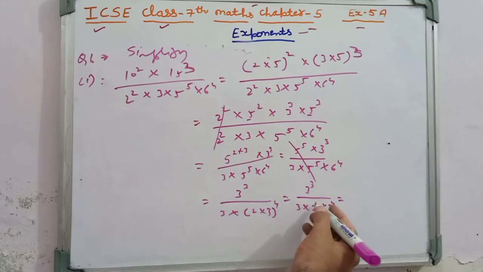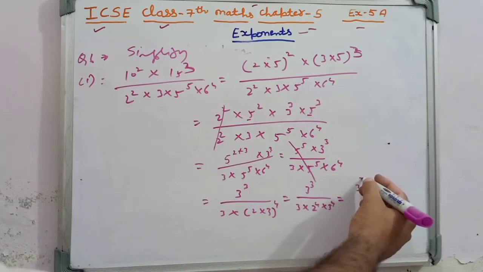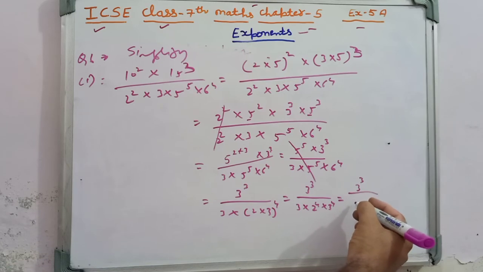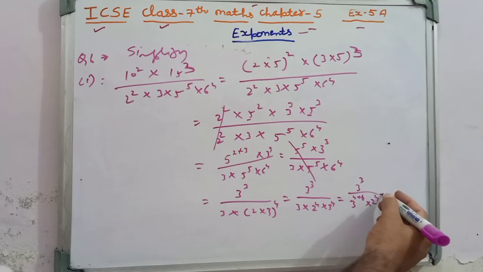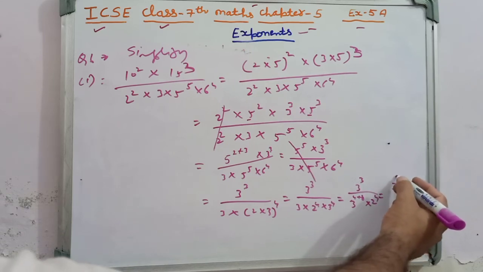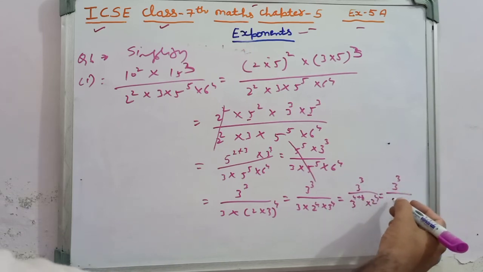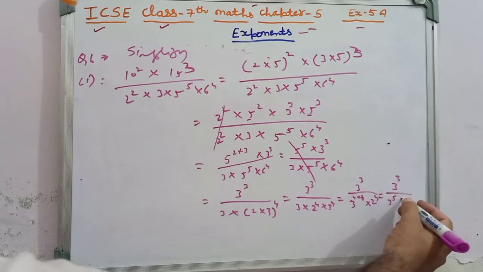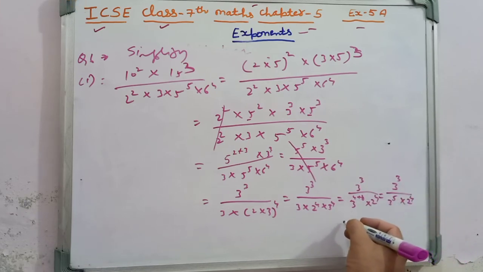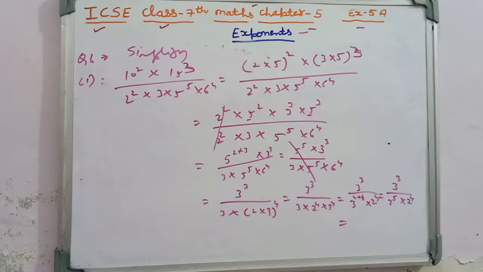So this will become 3 raised to power 4 plus 1, multiplied by 2 raised to power 4. This has become 3 raised to power 3 over 3 raised to power 5 multiplied by 2 raised to power 4.